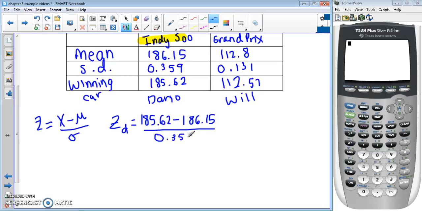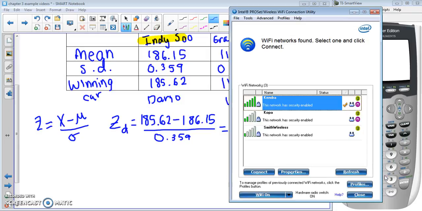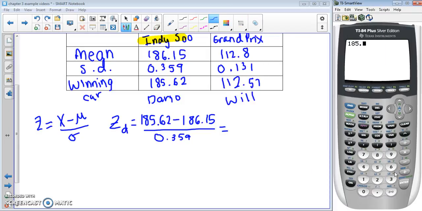So there's two ways to do this. You can break it down and look at the numerator first. So let's do it this way. 185.62 minus 186.15.